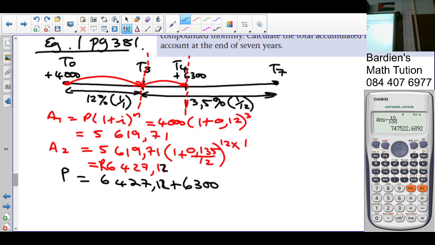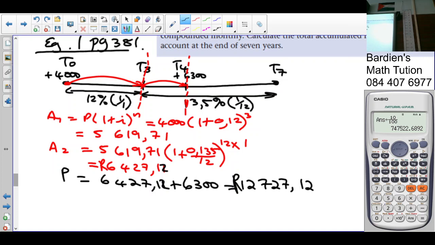It's right, you must be precise. So what does this give us? 12,727 comma 1. You all agree with that? Any confusion at this point? You all okay with this?